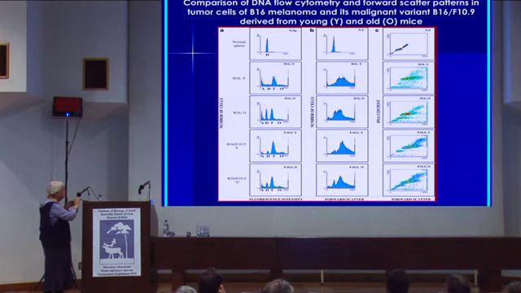And we see something more. Here are the cells of a tumor of B16 in old mice. We see here peaks of apoptosis, diploid cells, tetraploid cells, and octaploids, or even cells of higher ploidy.